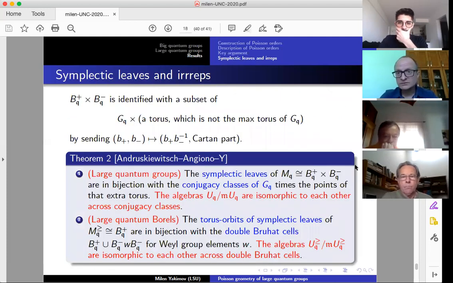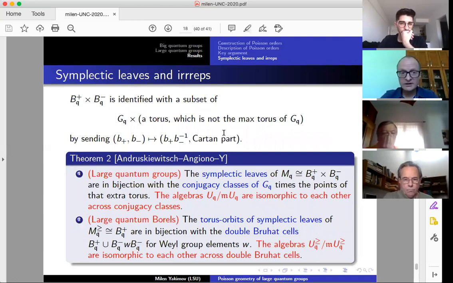So now, just to finish everything, we're in the world where we have this group GQ, a semi-simple algebraic group of adjoint type, and BQ plus and BQ minus are the positive and negative Borels. Then the product of BQ plus and BQ minus can in a way be identified with a Zariski open subset of GQ, where the pair B plus and B minus is mapped to a product of B plus and the inverse of B minus and some operation on the Cartan part.